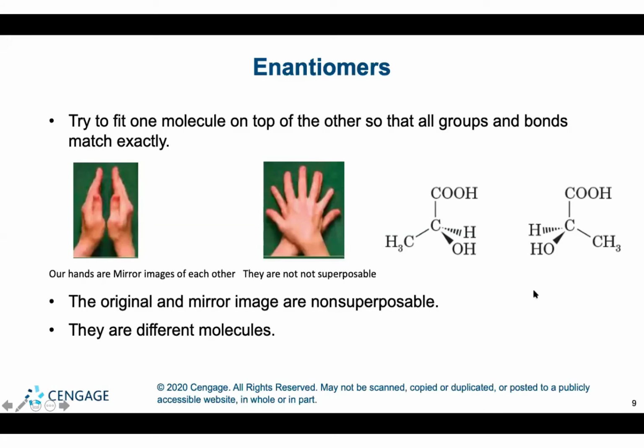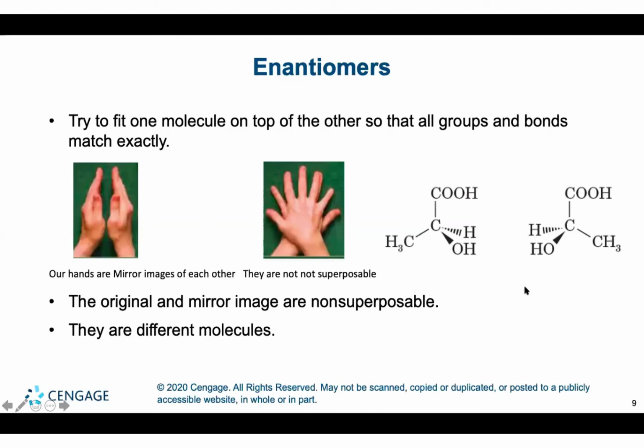If you try, guys, to take a screenshot of this left picture and put it on top of the right picture, like you do the same for your hands. Put them on top of each other. Are they superimposable?